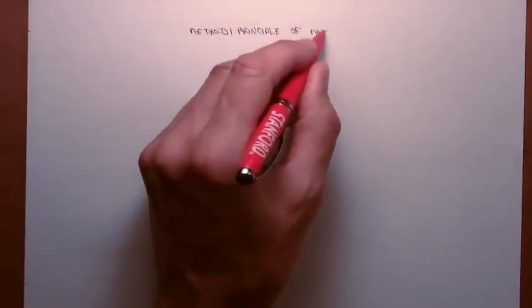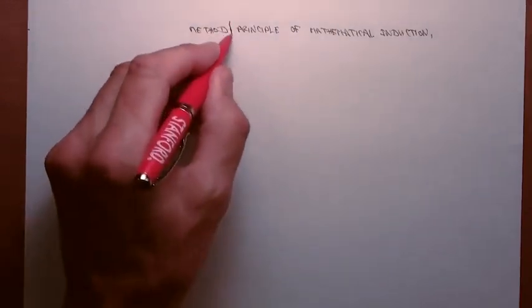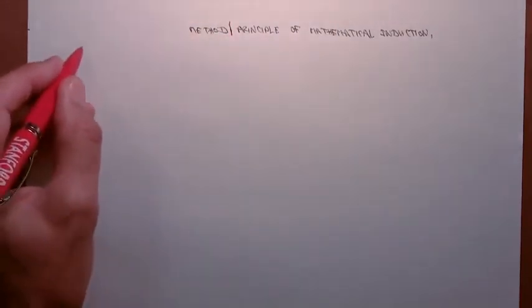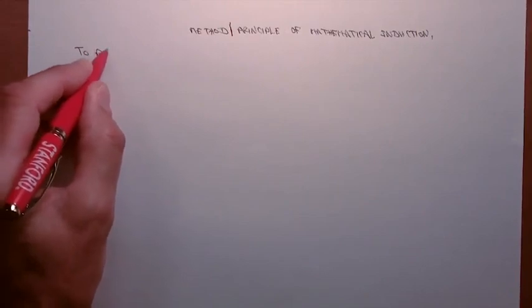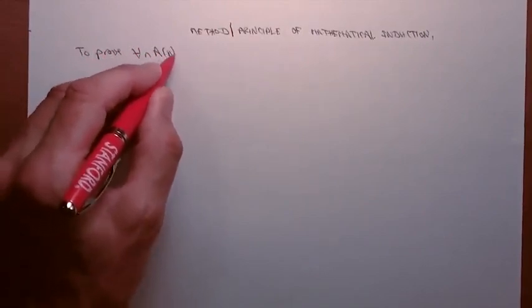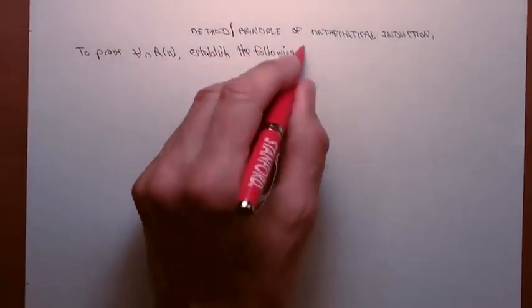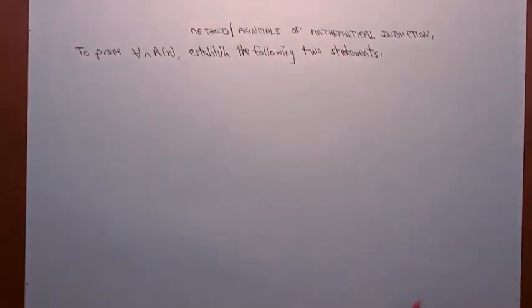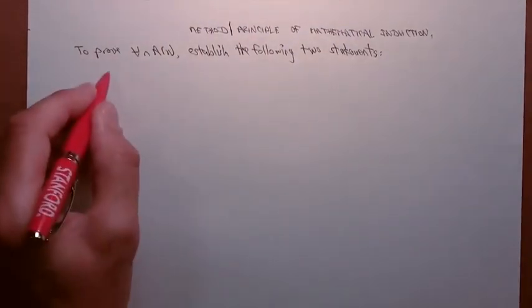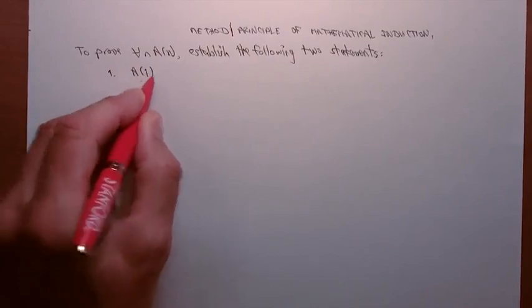The method of induction depends on a principle known as the principle of mathematical induction. Okay, and here's what it says. Suppose you want to prove a statement for all n, A of n. Establish the following two statements. 1, A of 1.